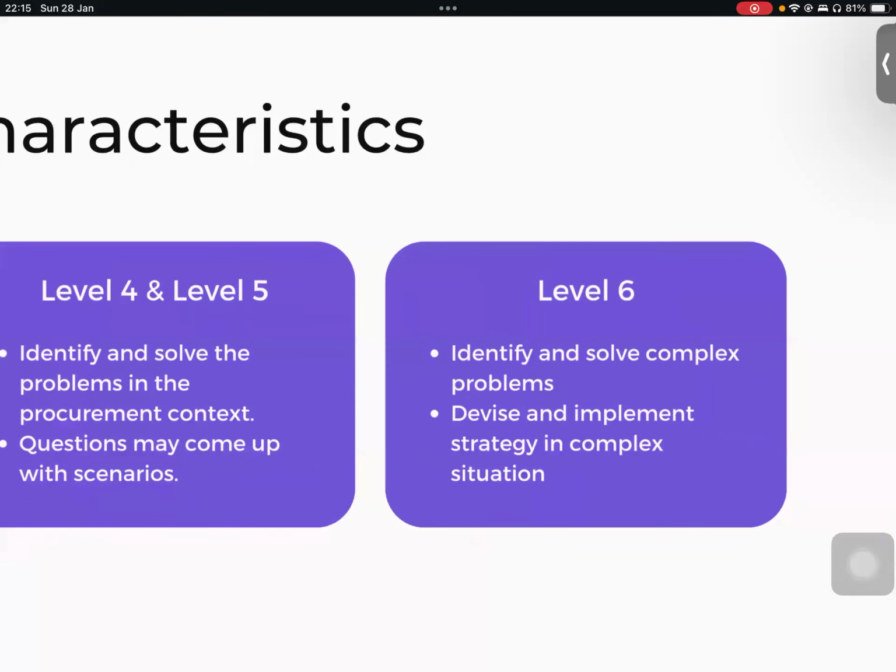With level 6, the requirement is higher. You need to identify and solve complex problems. Furthermore, with level 6, they expect that we are at least at the managerial level.